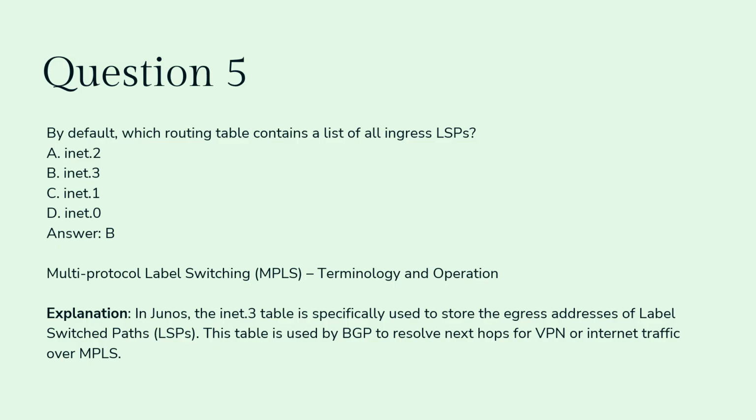Explanation: in Junos, the INET.3 table is specifically used to store the egress addresses of label switched paths, LSPs. This table is used by BGP to resolve next hops for VPN or Internet traffic over MPLS.